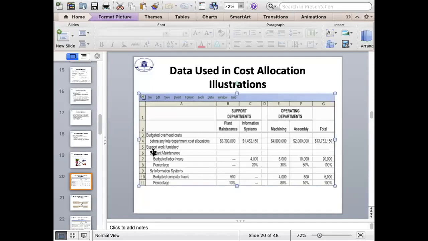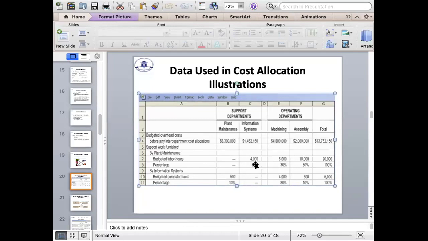Now, we have some information. It says that for plant maintenance, which means this one, budgeted labor hours 4,000, budgeted labor hours 6,000, budgeted labor hours 10,000. Now what does it mean?